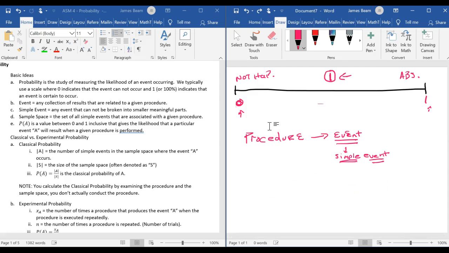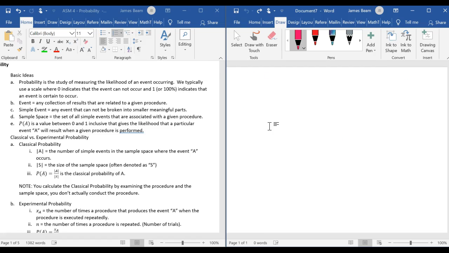All right, so we end up with 2 different ways of measuring this stuff that we call probability. One is what is called the classical way of doing this, where if A is an event, then the magnitude of A is the number of simple events in the sample space where A occurs.